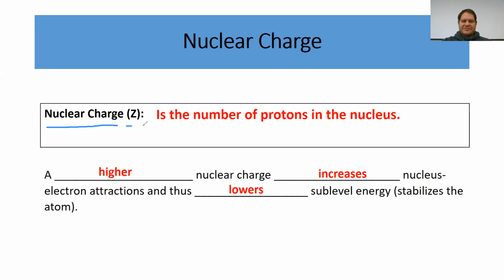Now, by the way, we use the letter Z to symbolize nuclear charge, all right? And again, the higher the nuclear charge, the more it increases the nucleus-electron attractions, and that results in a lower energy of the attracted electrons, okay? And we've talked about this, that electrons really structure themselves within the atom in order to lower their energy state.